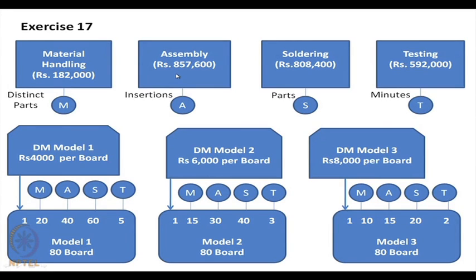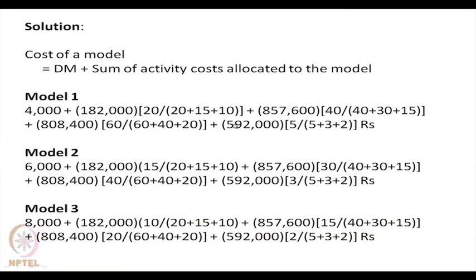So, 20 divided by this sum will be added to model 1 as far as the material handling cost is concerned. As far as assembly is concerned, in a similar fashion it is 40 plus 30 plus 15 in the denominator, and in the numerator it will be 40, and that will be multiplied by 857,600. That is what we have done here.